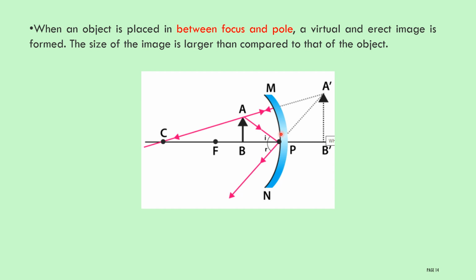Here the position of an object is in between focus and pole. Then you will get an image beyond the mirror at the position A dash, B dash. This is the nature of an image. The size of an image is more compared to the size of an object. The nature of the image is virtual and erect because you are getting an image beyond the mirror.